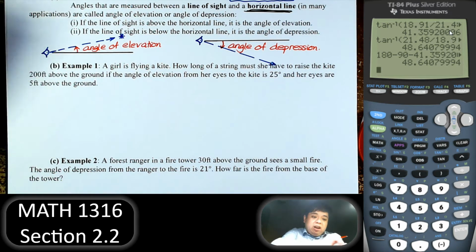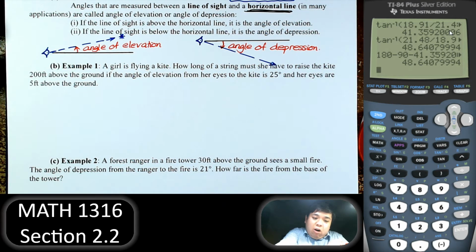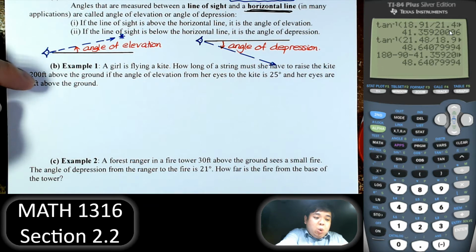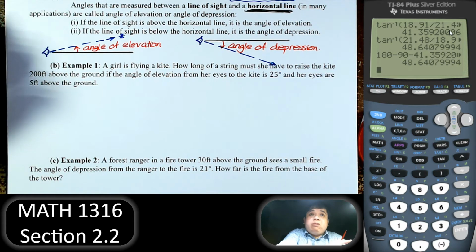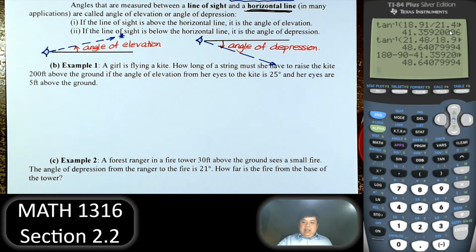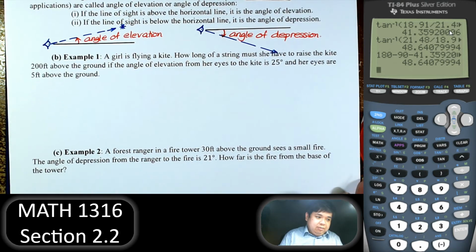A girl is flying a kite. How long of a string must she have to raise the kite 200 feet above the ground if the angle of elevation from her eyes to the kite is 25 degrees and her eyes are 5 feet above the ground? Right? So let's just sketch what we have here.